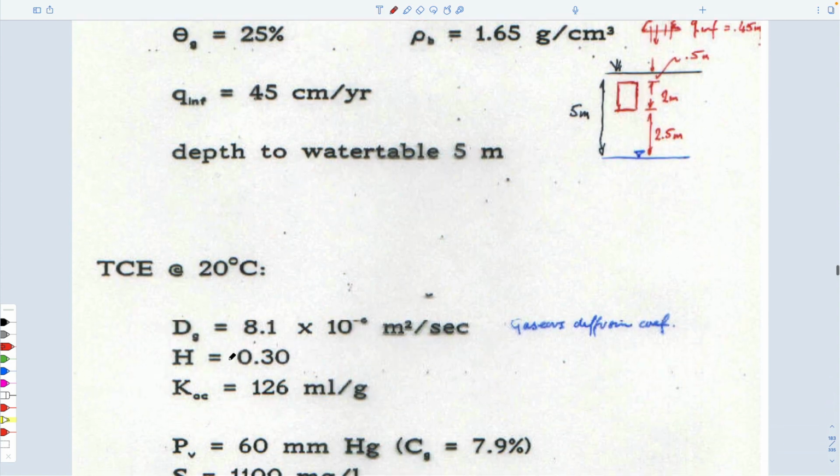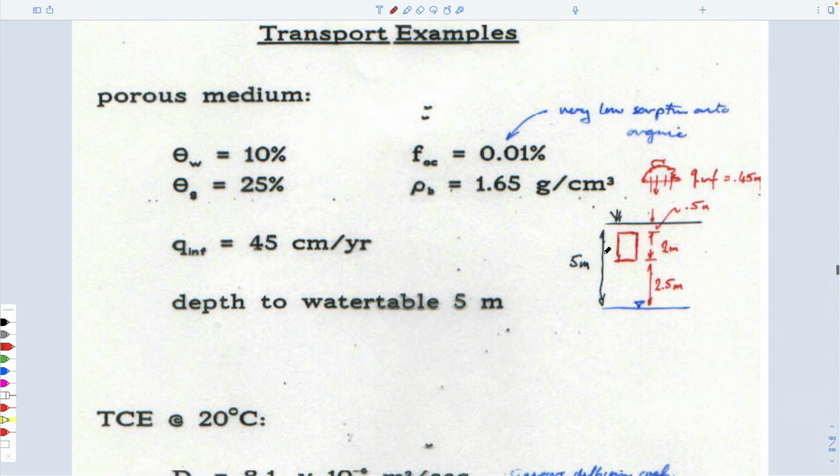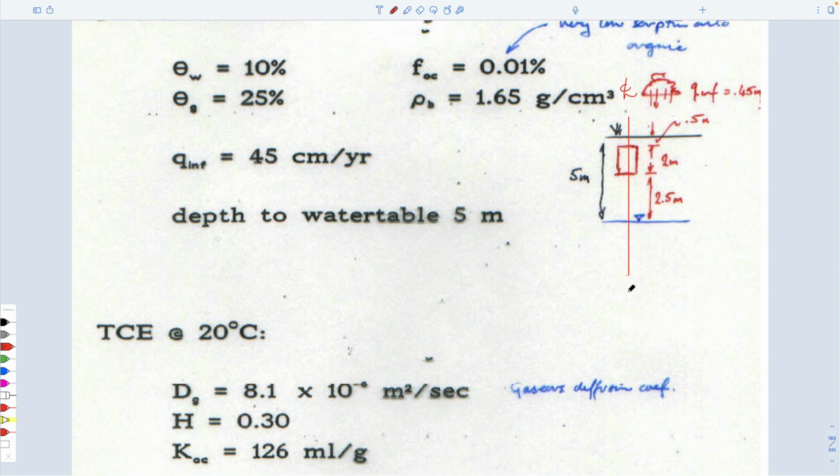And so you could compare that with a more sophisticated model that basically takes this pod, draws a center line through it, and then creates a model that solves this. The model that would solve this would be one that would be meshed like a slice of cake, a so-called axisymmetric representation that would look like this.